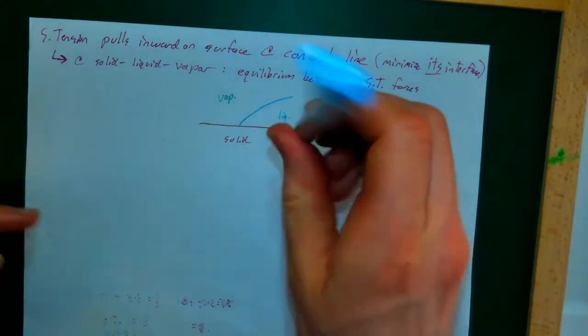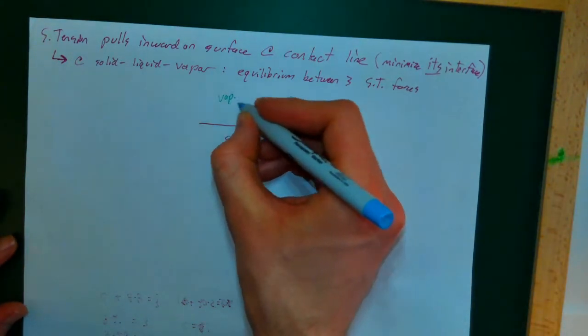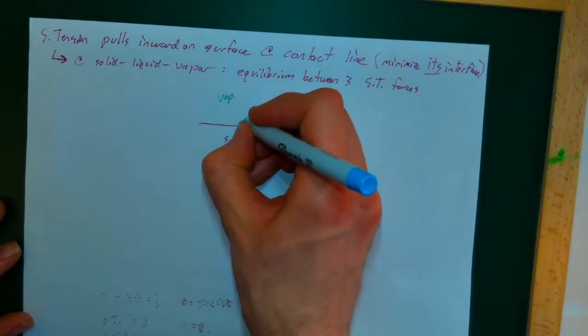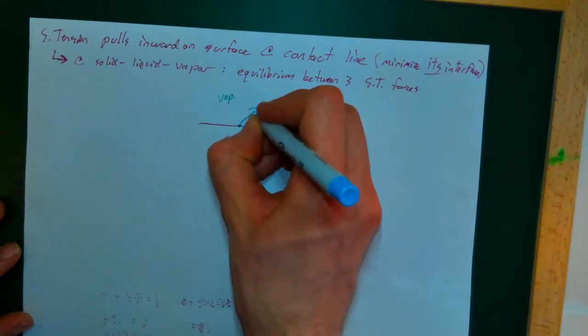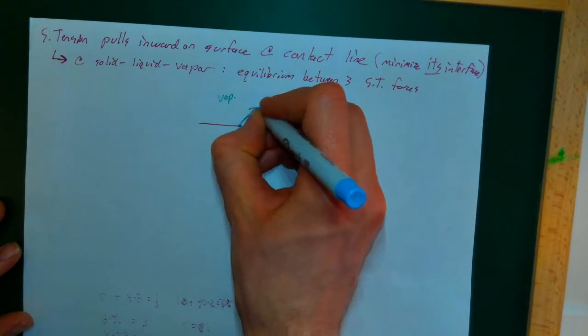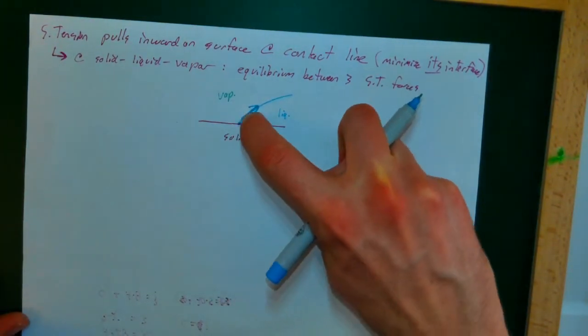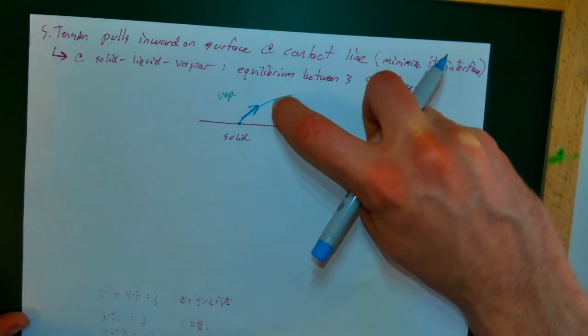So what happens? Well, there's a surface tension force between vapor and liquid that pulls on this contact line this way.